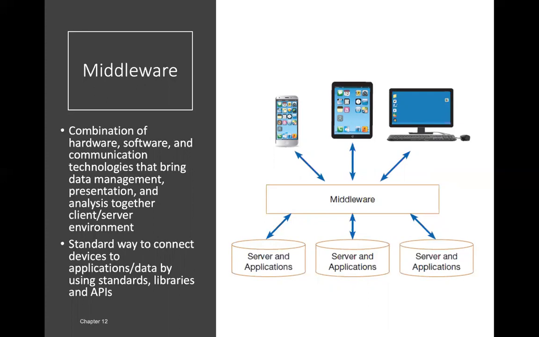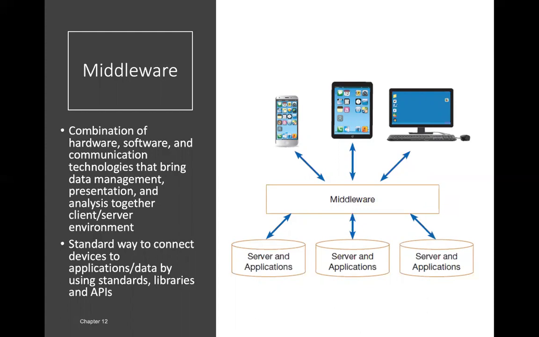The easiest way to think about middleware, I always think, is that it's like plumbing in a house. In your house, you don't see the plumbing, right? You see the water that fills your glass when you turn on your tap or faucet. The way the water gets to you as the end user is the same way the information gets to your device.